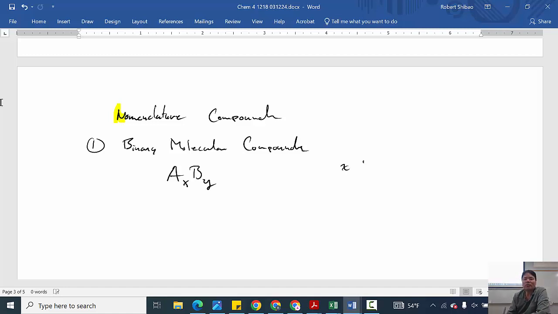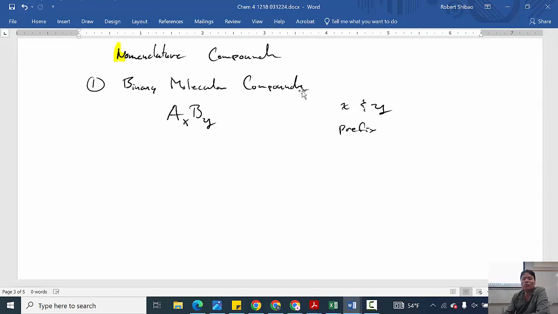What we're going to use for X and Y is the prefix system in the name. So if X or Y is 1, what do we use as a prefix? Mono for 1.